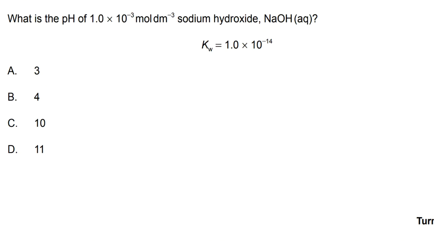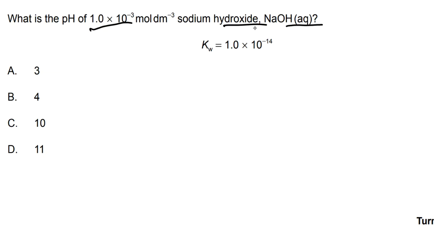What is the pH of this molar sodium hydroxide? Okay, so for these questions, it's a bit tricky. We're going to write out the equilibrium expression. So the Kw for water is this, and actually, no, we don't have to. That's a paper 2 question. This is paper 1, so we don't have to.